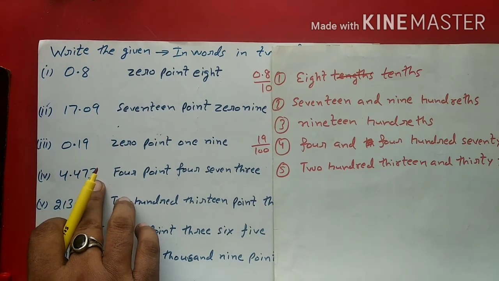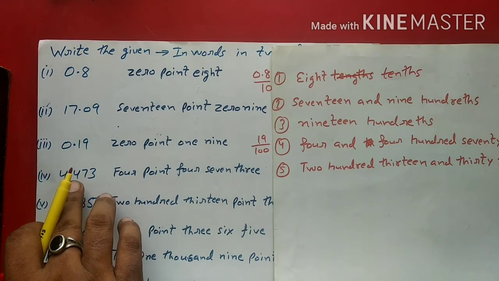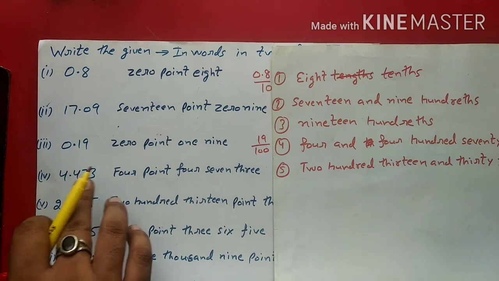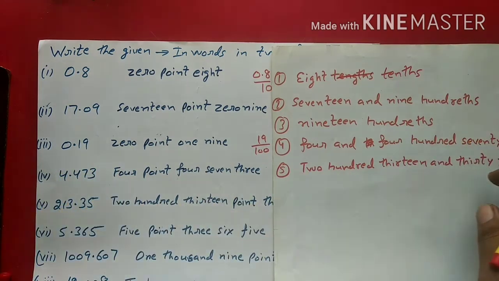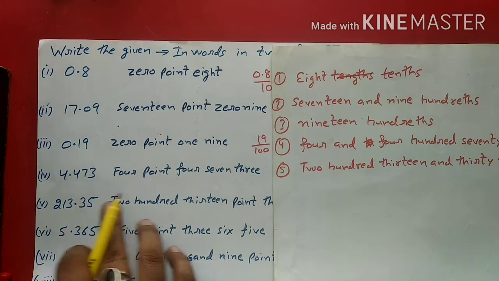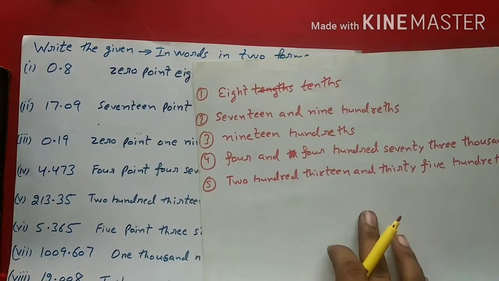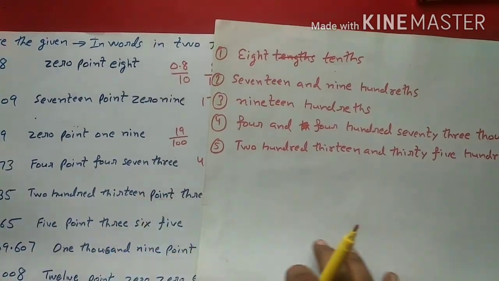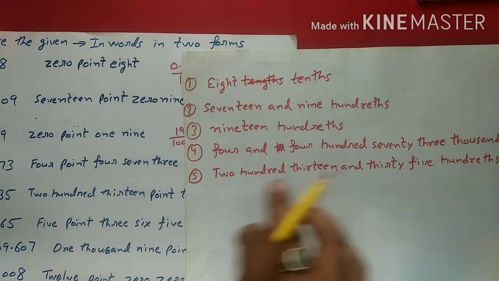After that 3 digits are there, therefore I will write 473 thousandths. And here only 2 digits, therefore I will write 35 hundredths.